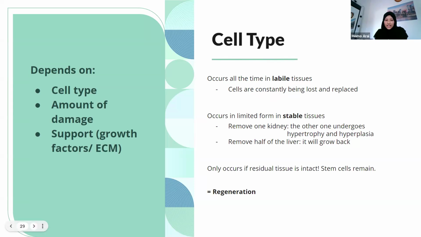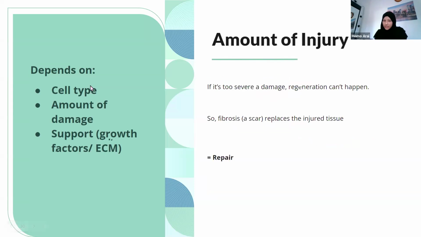The second thing is, even if the cell type is stable and can regenerate, if the damage is too much, let's say the damage occurred in most of the liver lobe, or it was a very severe form of inflammation, it will undergo repair. So just remember it also depends on the amount of injury.